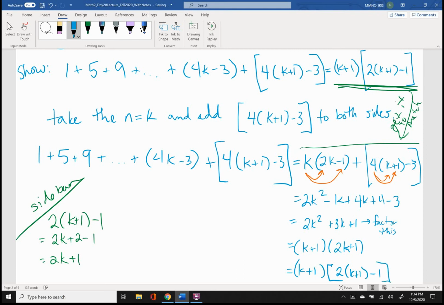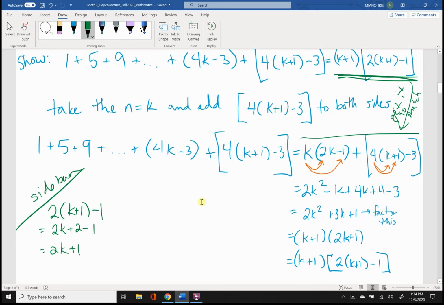Now, how would you know to do that? Well, really, it's just a matter of seeing these kinds of examples enough times, and then you'll pick up some of these tricks.